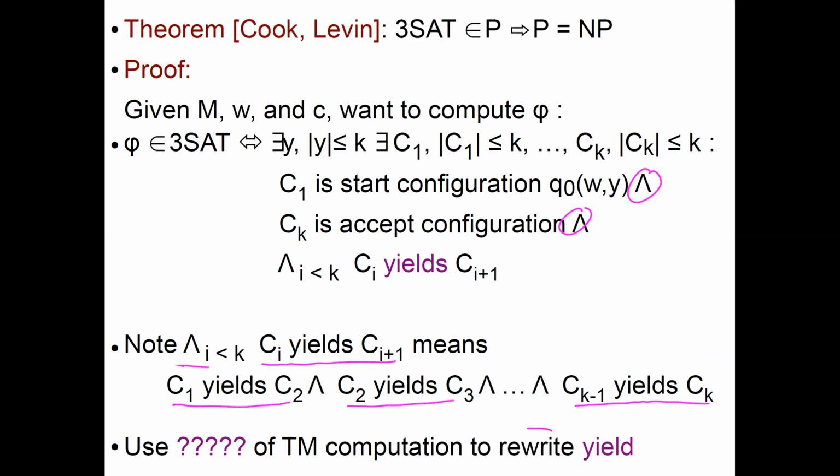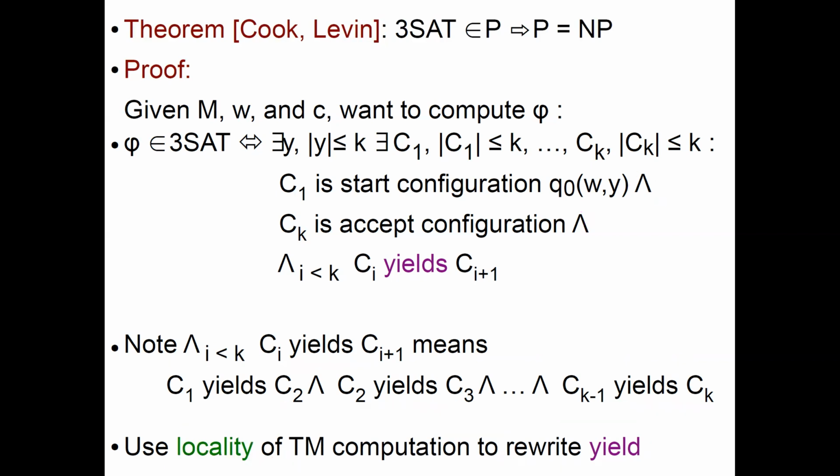Now we need to rewrite yield in a way that looks like a formula. And what do you think we're going to use of Turing machine computation? We're going to use the locality of Turing machine computation to rewrite yield.